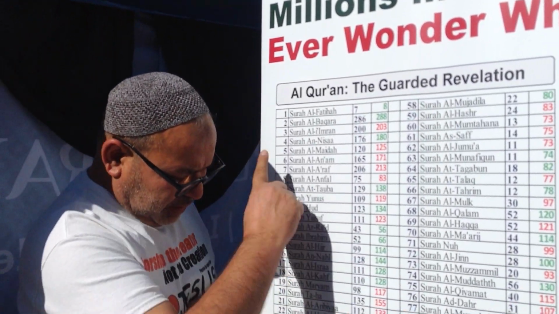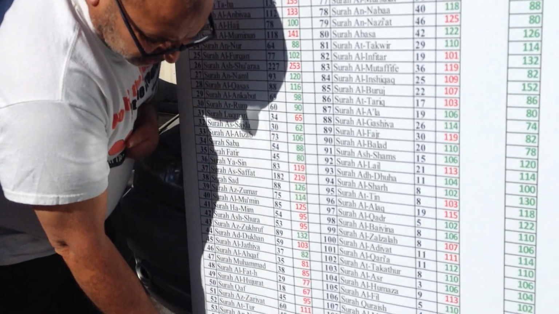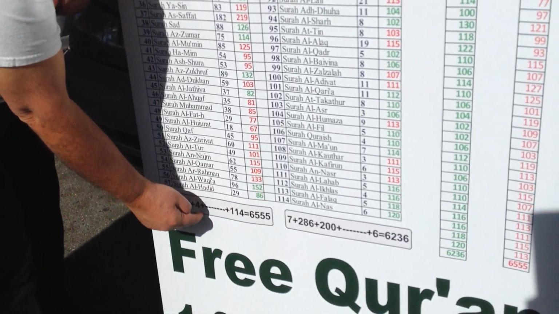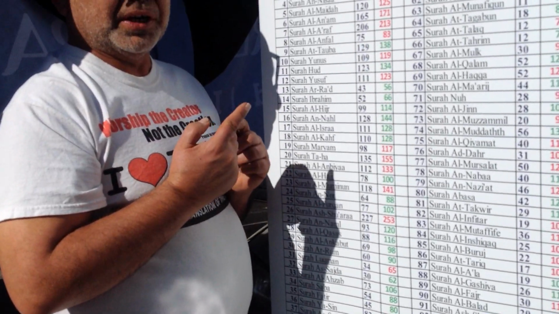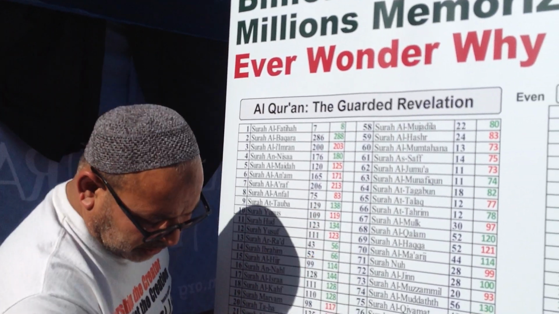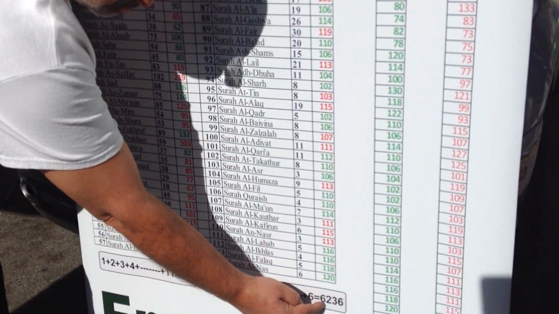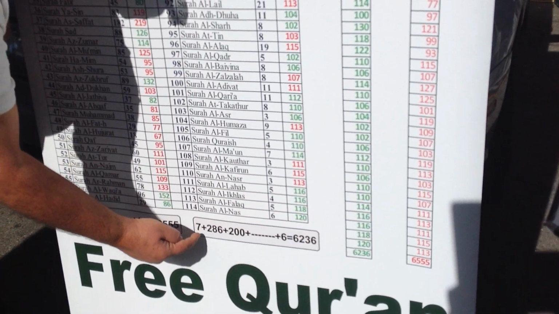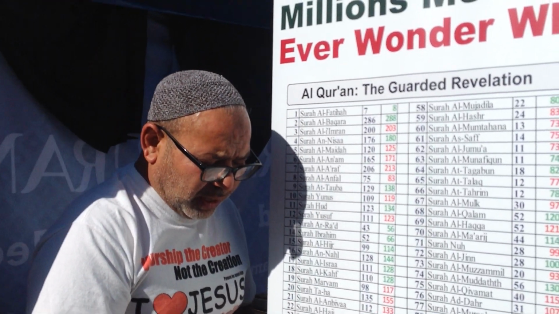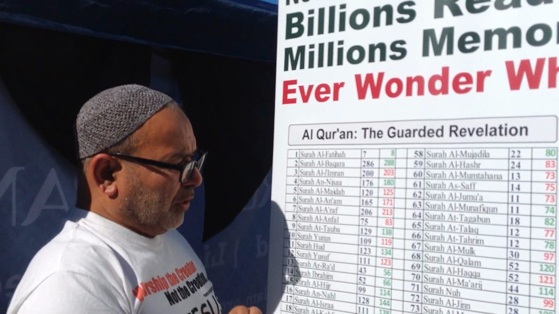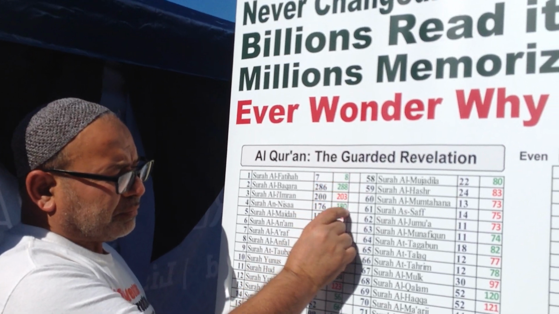One is the sum of the chapter numbers, 6,555. The other is 6,236, the total number of verses in the book. Now we will introduce a third column.